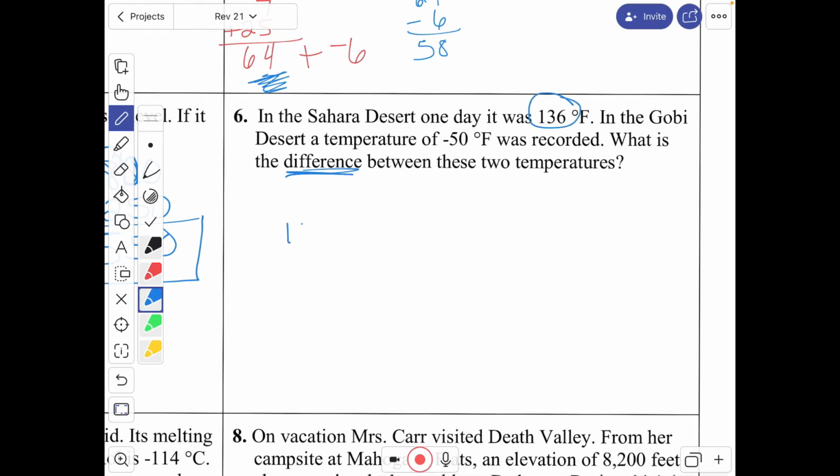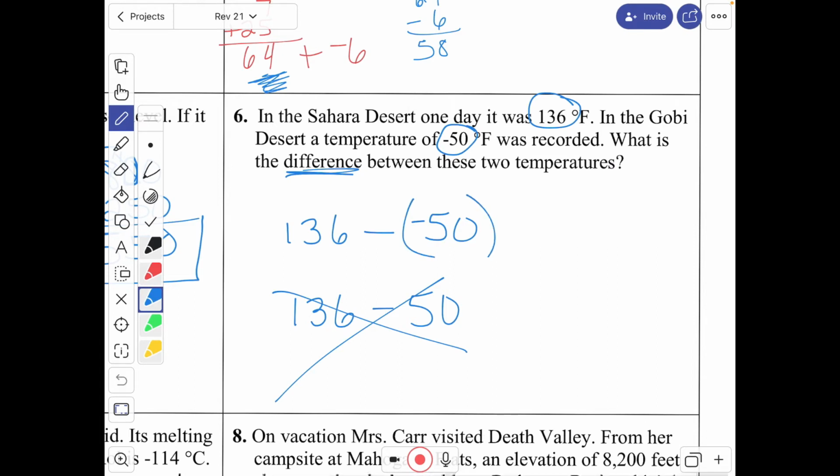So difference means subtraction. Bigger number is 136 minus negative 50. A lot of students like to write it like this, 136 minus 50, but that's not the same. Don't forget the negative sign.